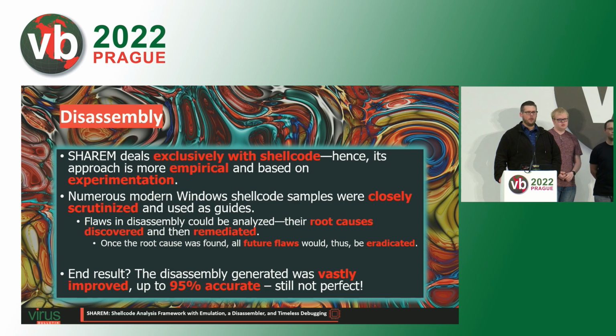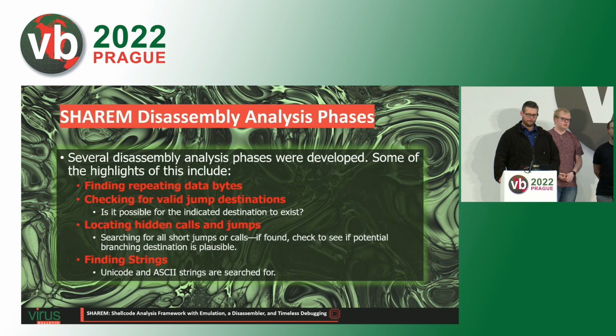If I could identify the root cause causing it to be misidentified or misinterpreted, then I could correct it for all other instances. And I was able to be rather successful with that. So again, this is not designed to be 100% accurate, but it is significantly more accurate than leading disassemblers.